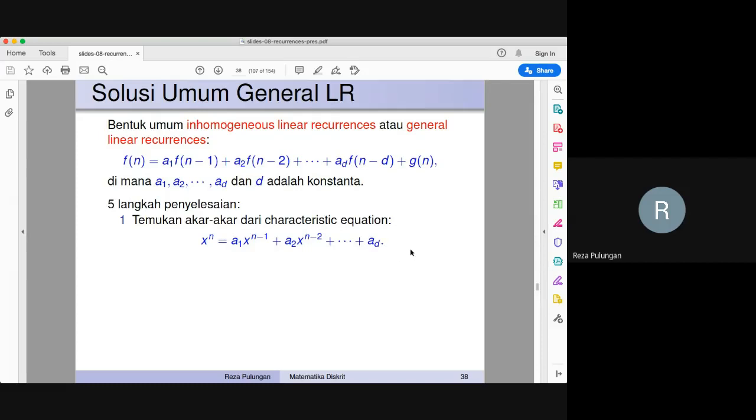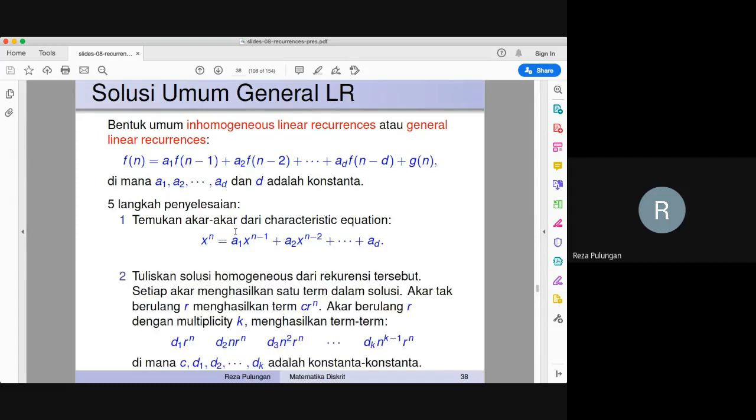Okay? Now, if this is the characteristic equation, then there must be a root. Once you find the root, then there must be a solution of this root. A solution of this root is basically what I meant before by a linear combination of them, and we call this the homogeneous solution. Write down the homogeneous solution of this recurrence. Every root results in one term in the solution.